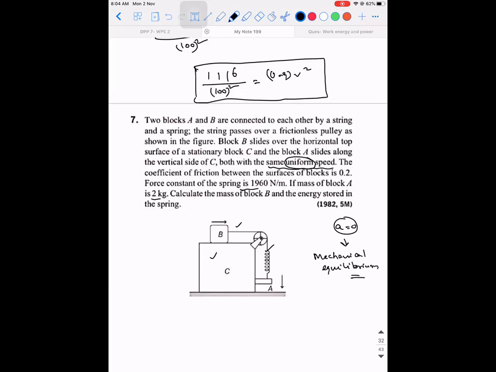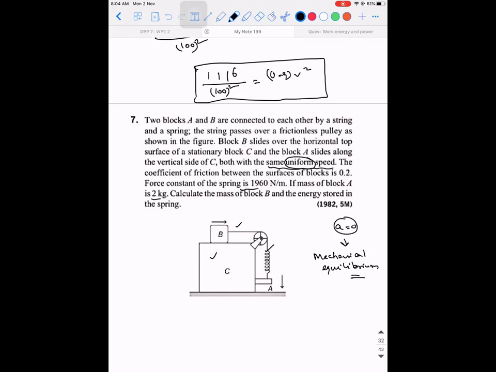So they're indirectly trying to tell you that the whole system is in equilibrium, means all the forces are balanced. If you understand that only, you can proceed with the remaining problem. All the forces acting on the system, on the blocks especially, because the blocks are the subject of study, all the forces acting on the block are balanced.